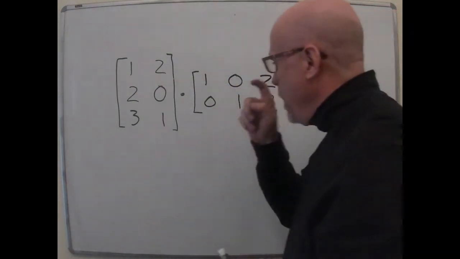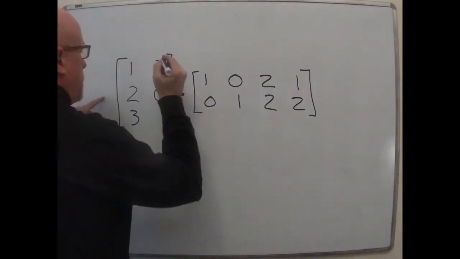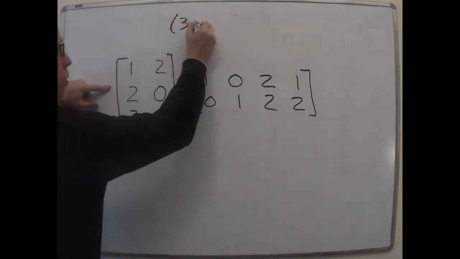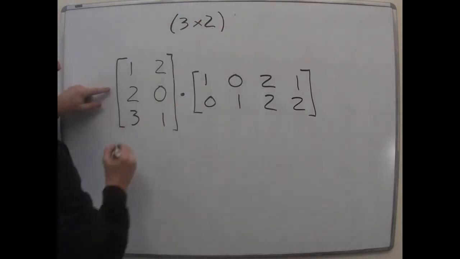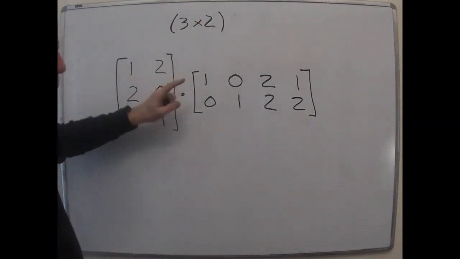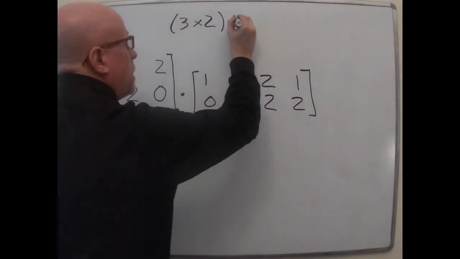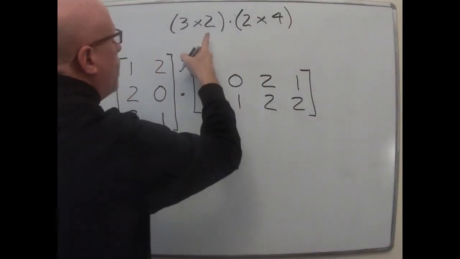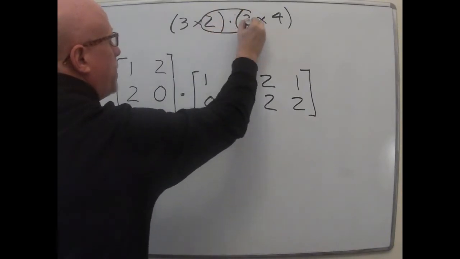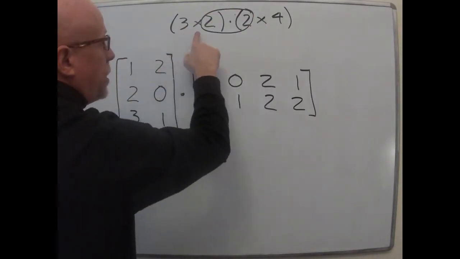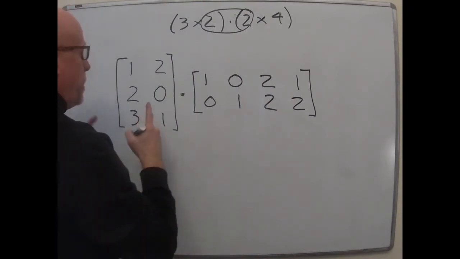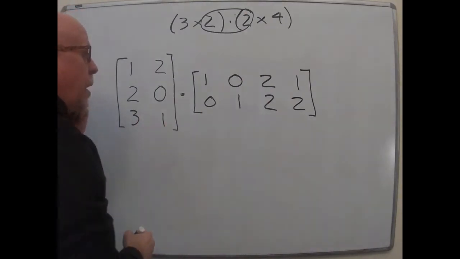If you want to think about the size computation, what size is this matrix? It's a 3-row, 2-column matrix. And this matrix has 2 rows but 4 columns. So the 2's on the inside match, and the answer is going to be a 3 by 4. So if we call them A, B, and C, C is a 3 by 4 matrix.